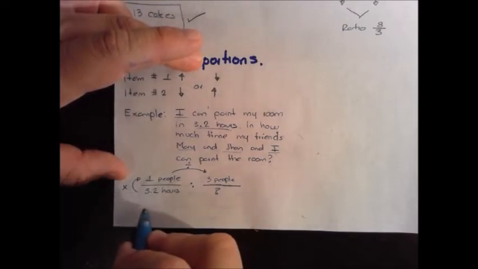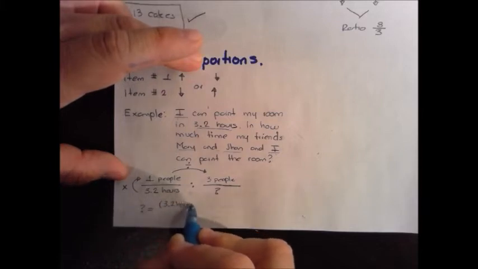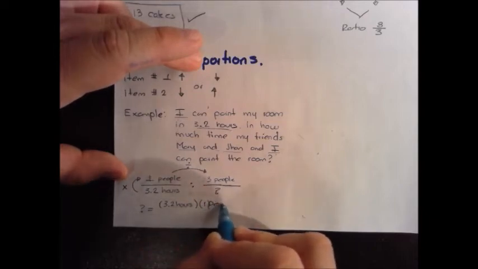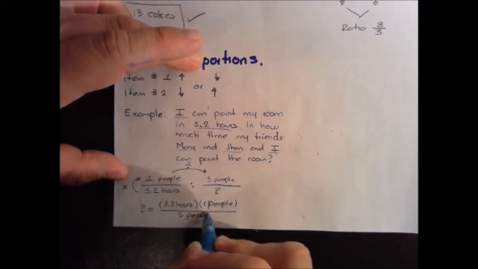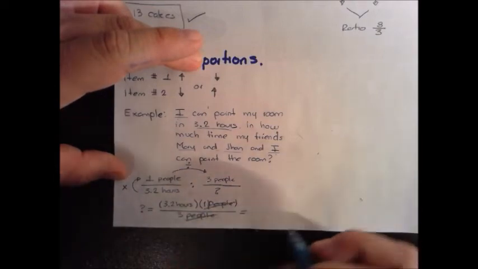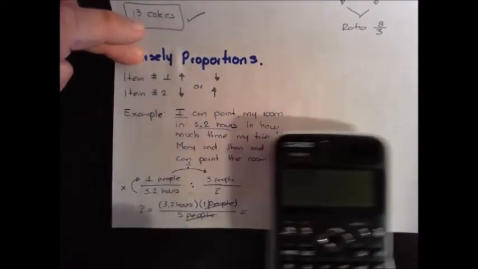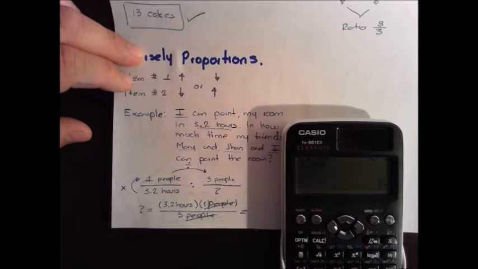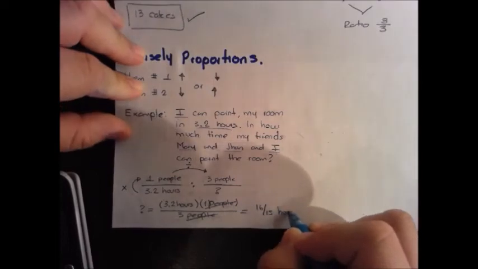First I multiply 3.2 hours times 1 person, over 3 people. People with people is gone, and I'm just going to have time. So 3.2 times 1 over 3 gives 16/15 hours.